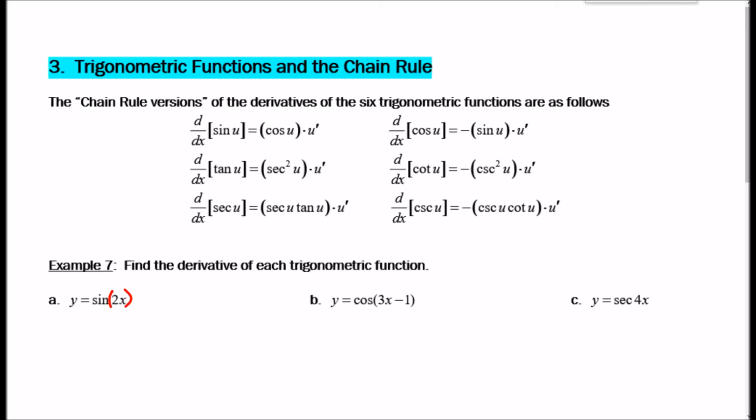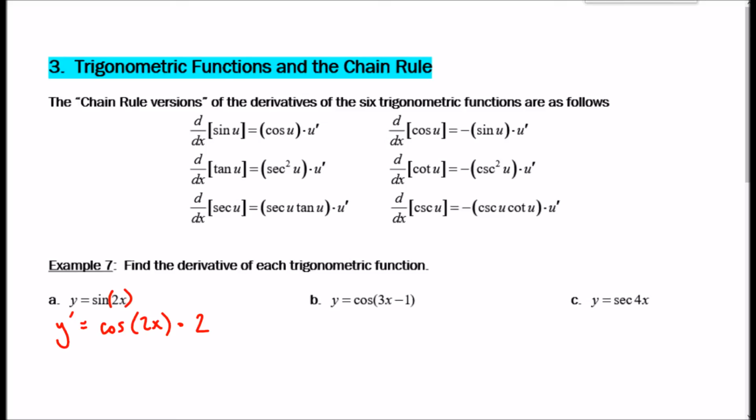To take the derivative, I use the derivative of the outer function. So the derivative of sine something is cosine something, and then times the derivative of that something. Since the inner function is 2x, we multiply by the derivative of that inner function, which is 2.